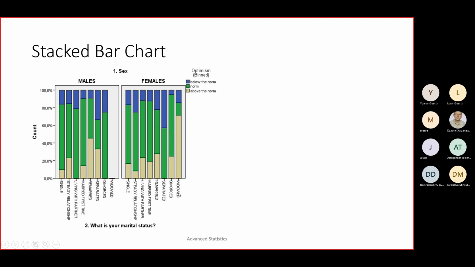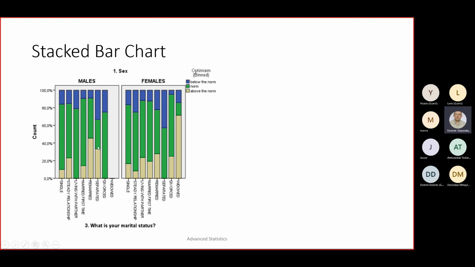Also, in the group of separated males, we have persons below the norm, in the norm, and above the norm. But in the group of separated females, we have only two groups, below the norm and in the norm.